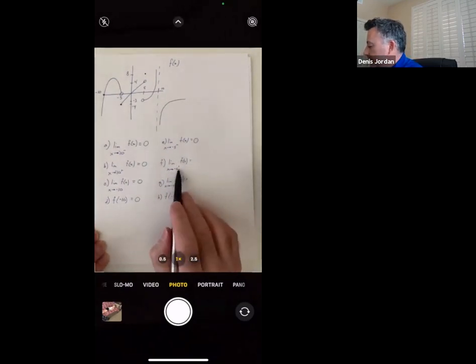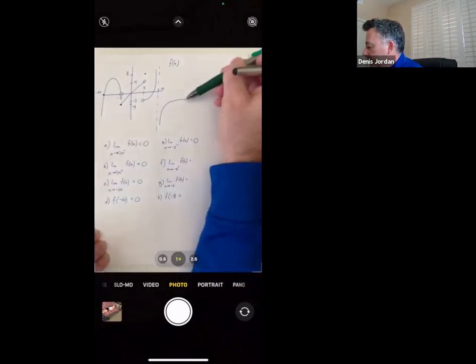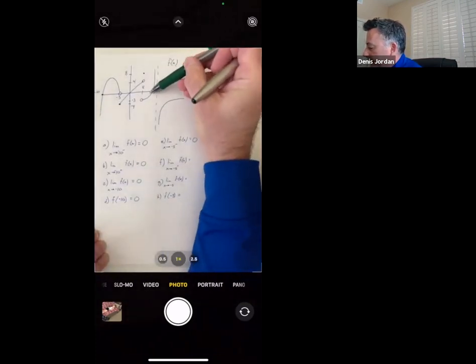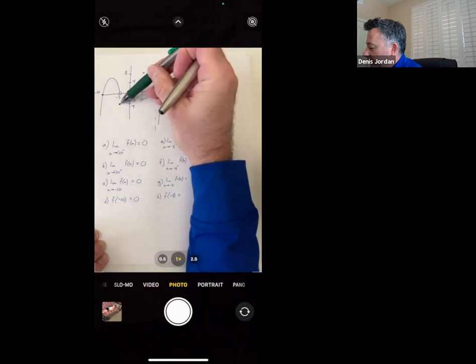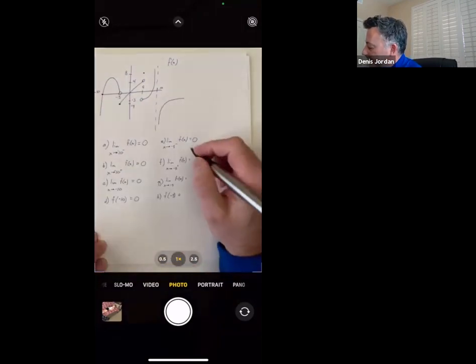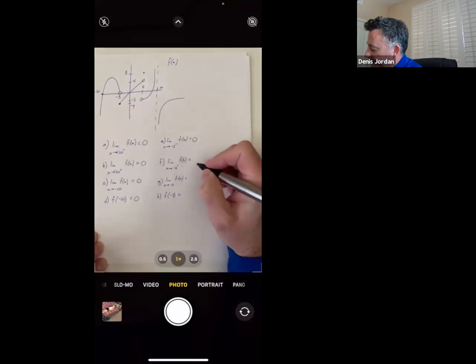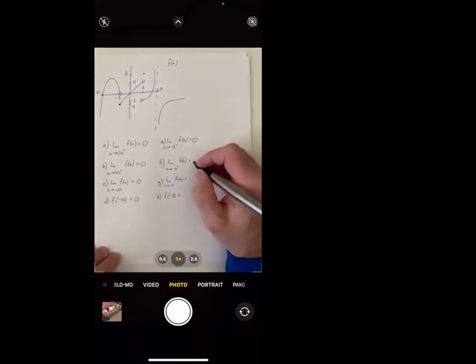Now when you trace into -5 from the right side, again, you're tracing over until you get to -5. And it looks like you're going to run into y equals -4.